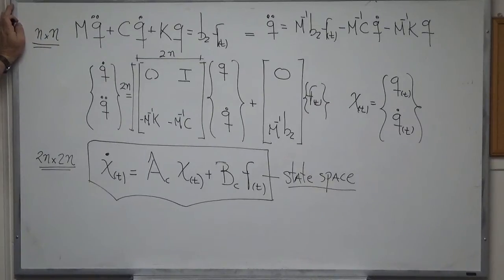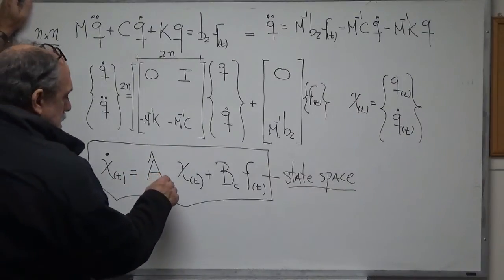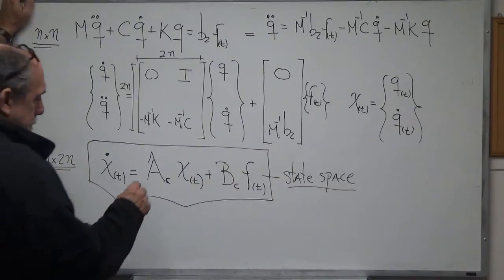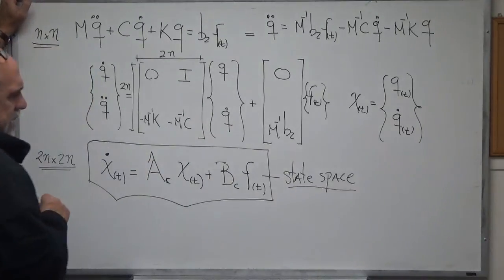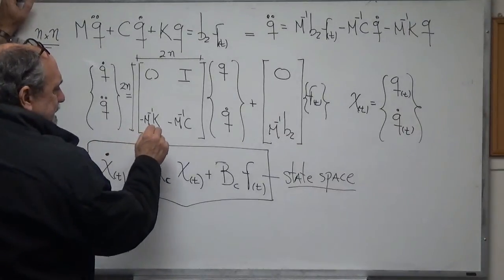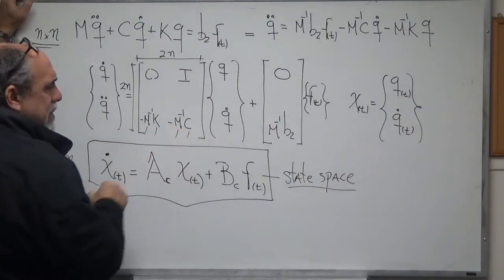Now notice the matrix AC, where C is intended to mean continuous time. The matrix AC has all the properties of the system. It has the mass, it has the stiffness, and it has the damping.